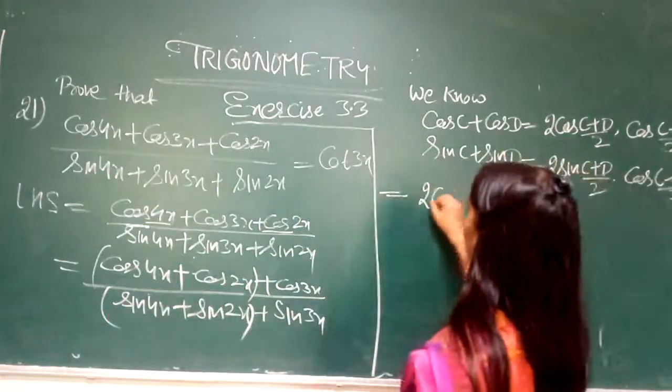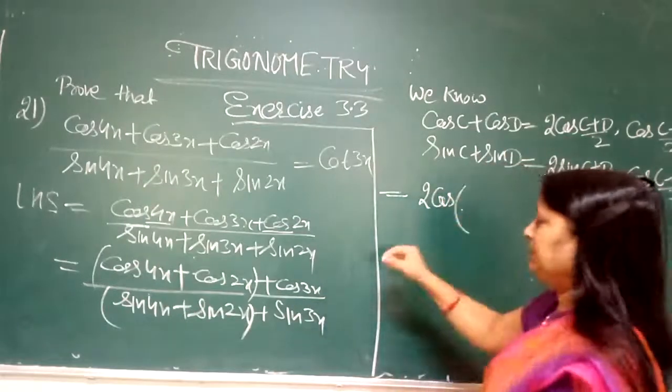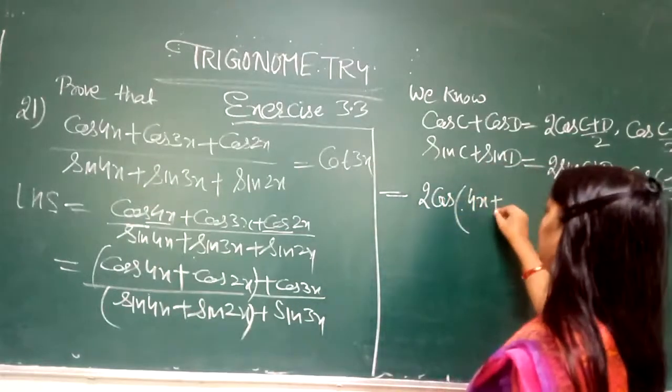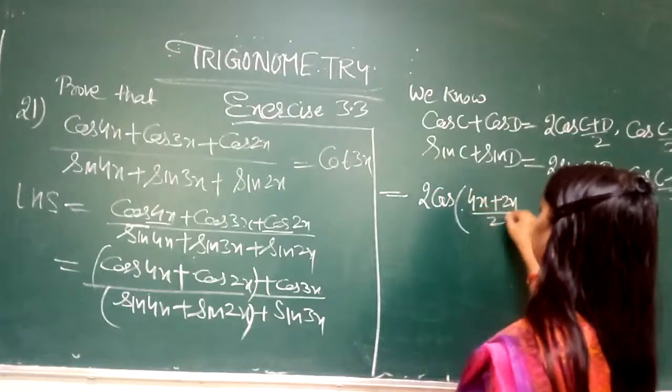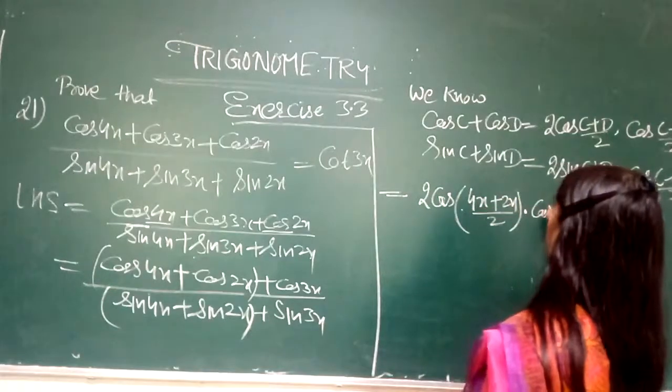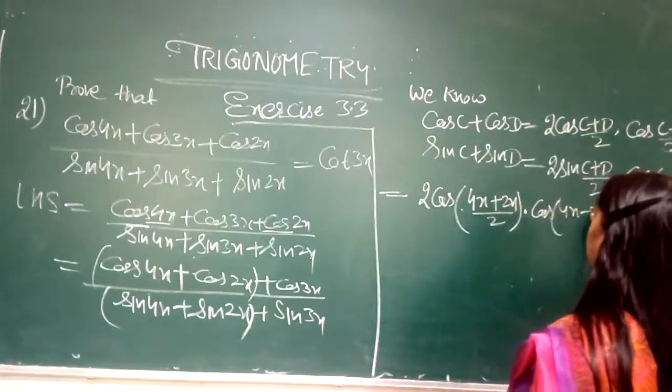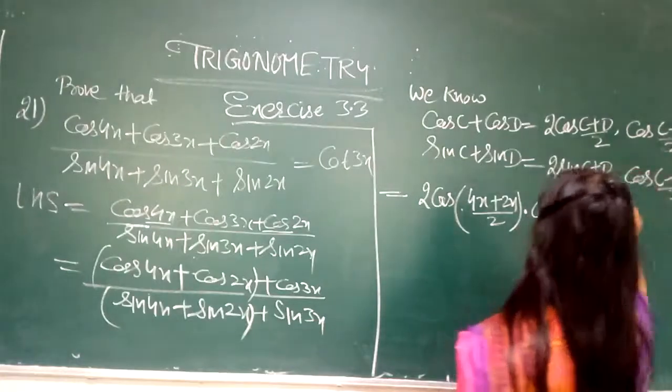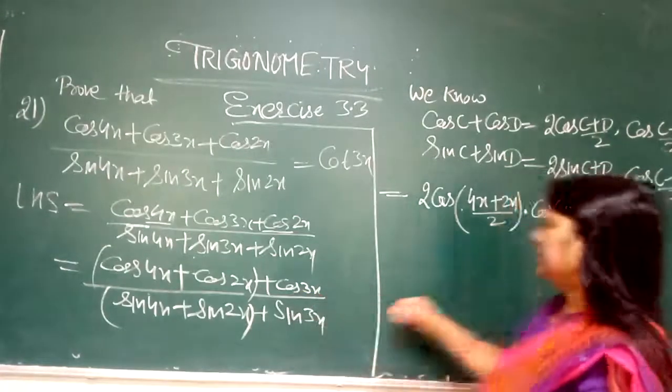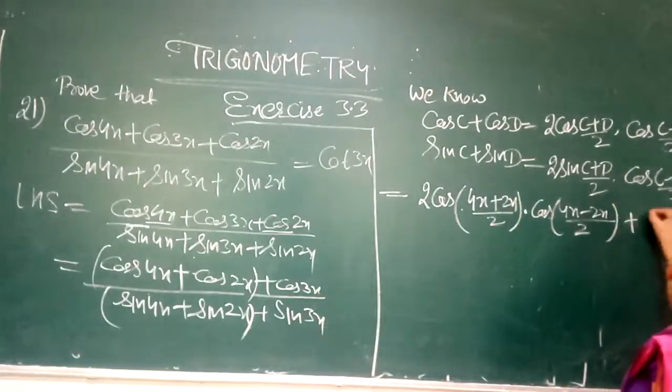It will come 2 cos (4x plus 2x) upon 2 into cos of (4x minus 2x) upon 2. And the last term is as it is, plus cos 3x.